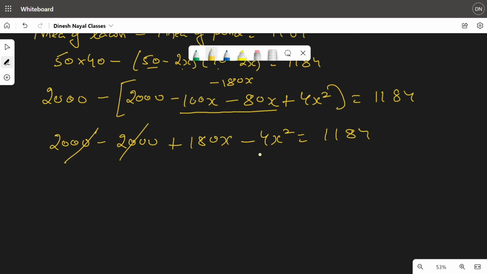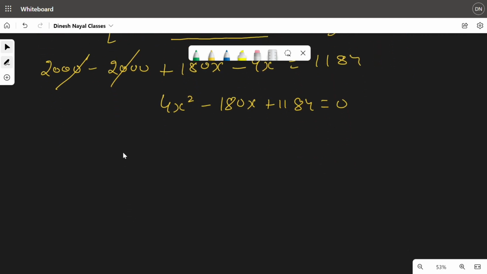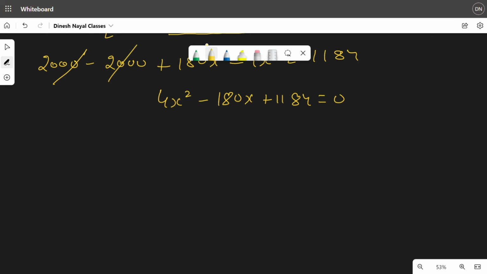Or what we can do is take these to the right hand side. This will be 4x square minus 180x plus 1184, because we are taking to the right hand side. I think we can take 4 common.